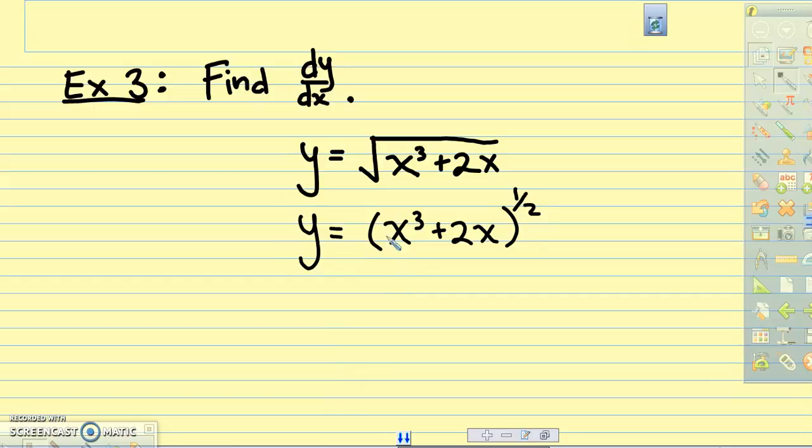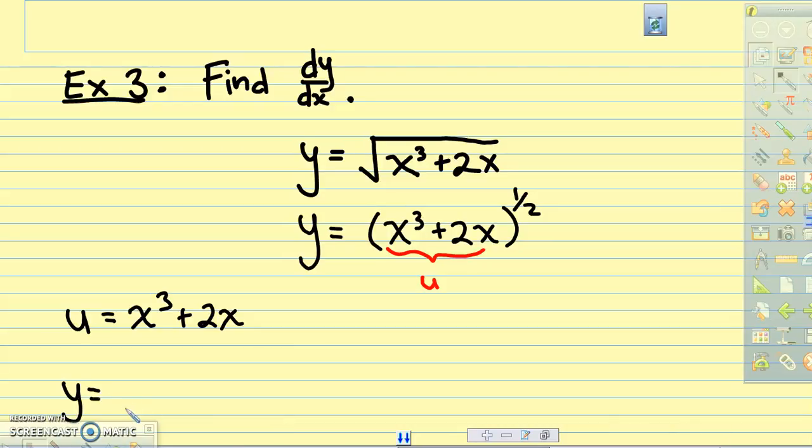By rearranging this to x cubed plus 2x to the 1/2, you see that the inside function should be x cubed plus 2x, making y u to the 1/2.